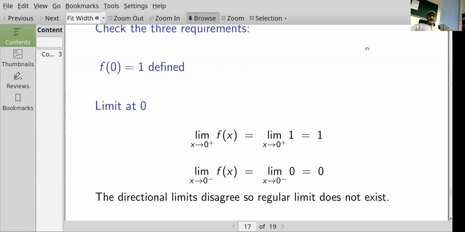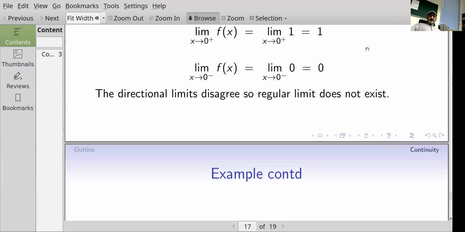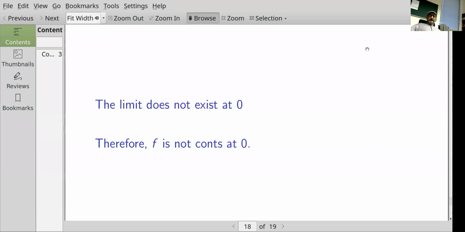The limit as x goes to 0 from the right of f of x equals the limit from the right of 1, which is equal to 1, and the left-handed limit as x goes to 0 from the left of f of x equals the limit as x goes to 0 from the left of 0, according to the form of the function, and that's equal to 0. So the directional limits disagree with each other. That means the regular limit does not exist, and if the regular limit does not exist, then the function is not continuous at that point.